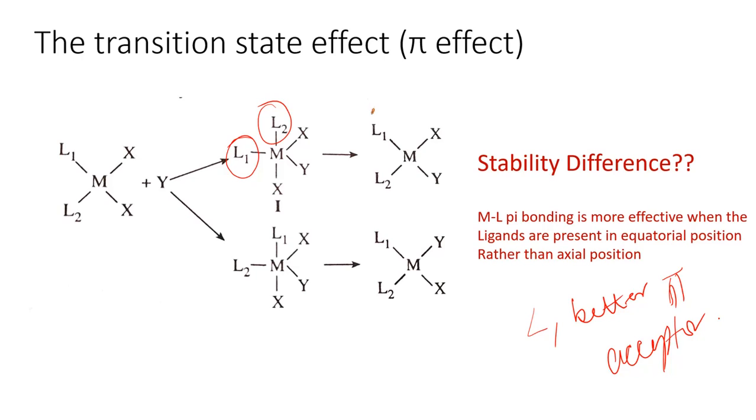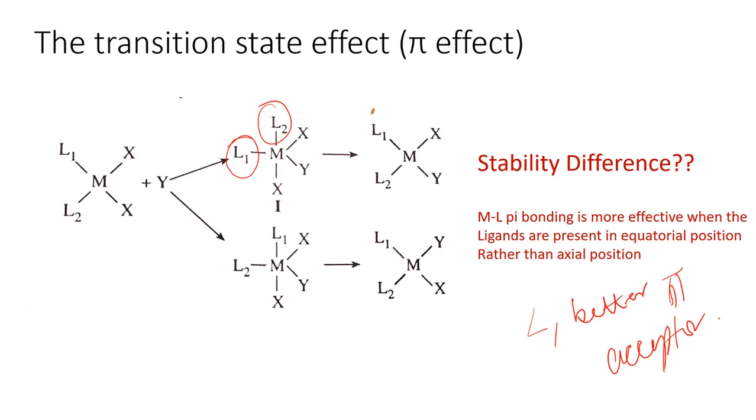Because in the equatorial position it would get the strong pi acceptance character, or a strong metal to ligand pi bonding due to its strong pi acceptance character. But in the axial position it will lack that favor, right? Because in the axial position it would not get that type of metal to ligand pi bonding, whereas in the equatorial position it will. Therefore L1 would prefer to be in the equatorial position rather than in the axial position if it is a strong pi accepting ligand, right?